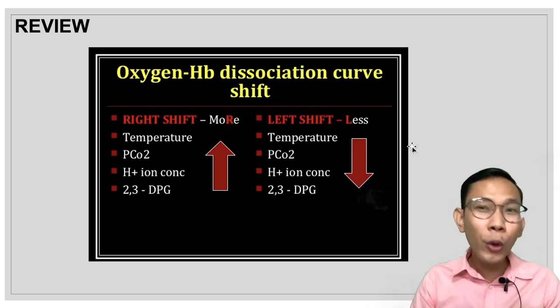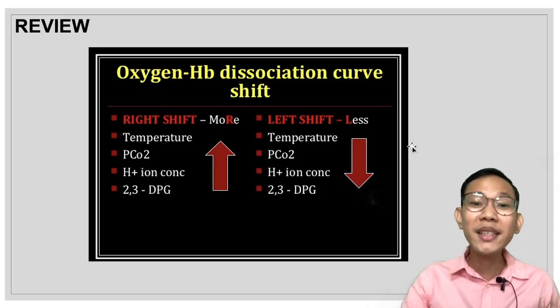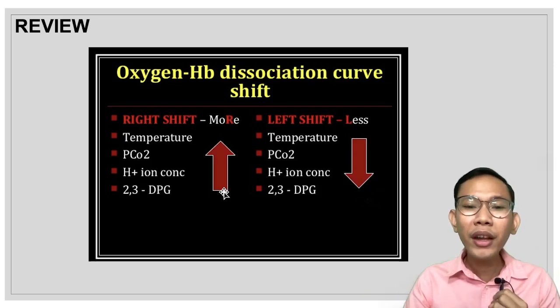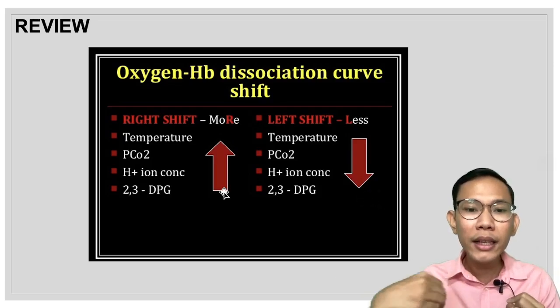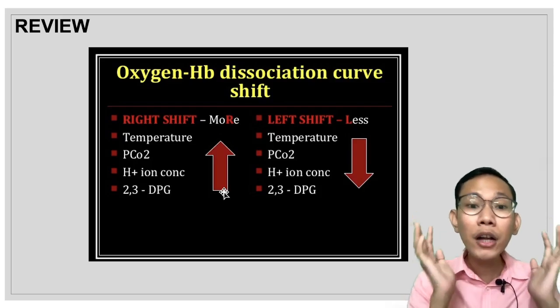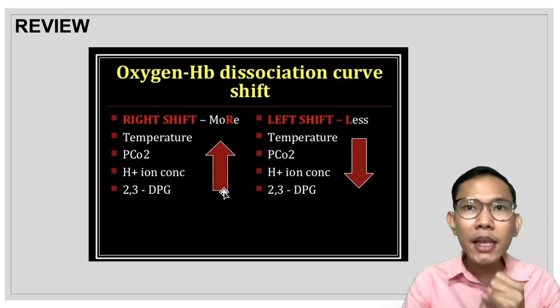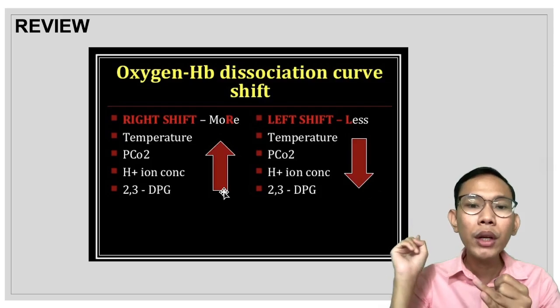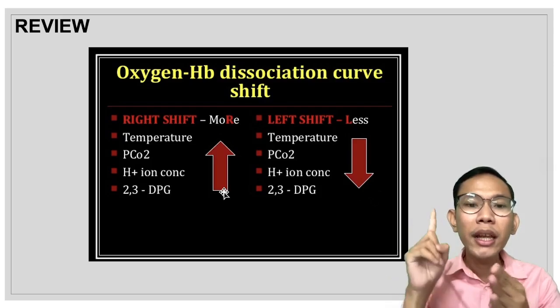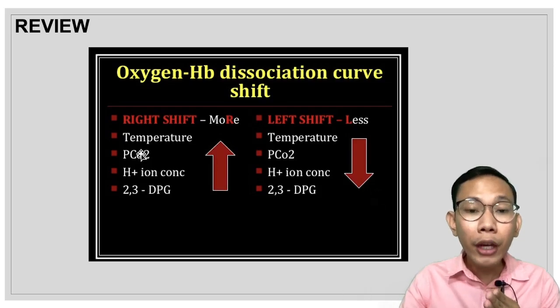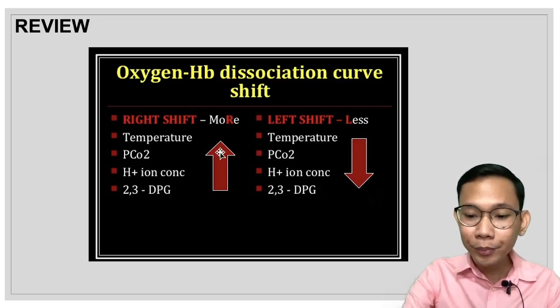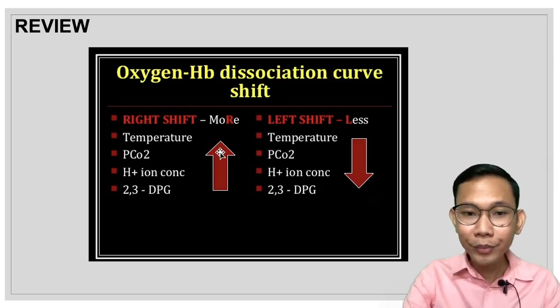Ang akin na lang mnemonics, no, pinaka-the best mnemonics for me is this one. Pag shift to the right, won't hold tight, release oxygen, dapat lahat ng factors is increase. Increase temperature, increase PCO2, increase the 2,3 BPG, increase hydrogen ion, therefore, decrease now your pH. Very good.